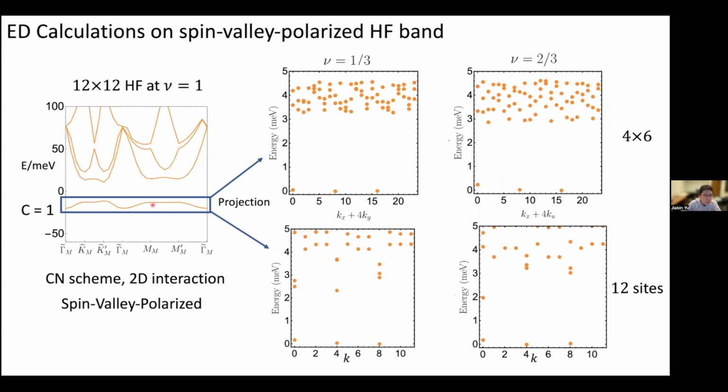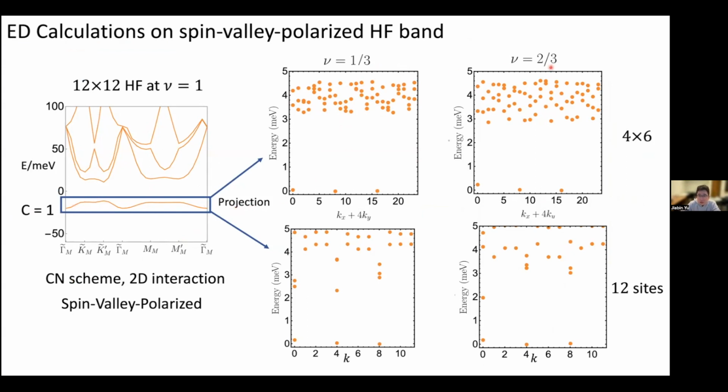Of course, if we do Hartree-Fock at nu equals 1, pick out this Hartree-Fock band, project the interaction onto it, and do ED calculation, we will naturally have FCIs, because this band is quite flat and has non-zero Chern number.